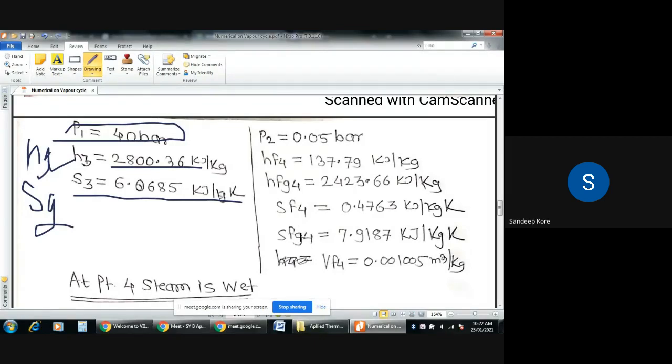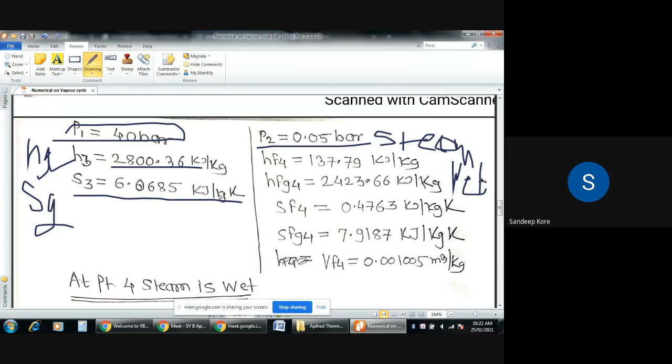Now next, at pressure P2, that is the condenser pressure 0.05 bar, the steam is going to become wet. Why is it going to become wet? Because the heat from the steam is extracted by the turbine. So when we extract, the steam becomes wet.